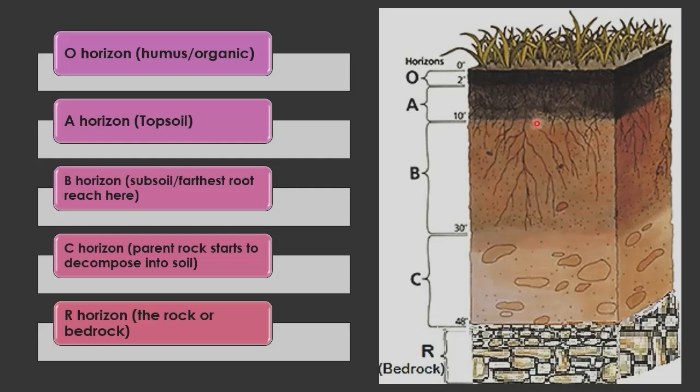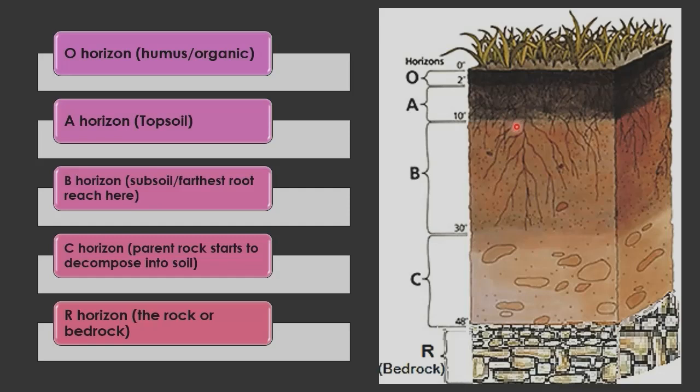You can find there the clay, the silt, and we also have the sand. So the different compositions of the three can be clearly seen in the E horizon because there is a lesser amount of organic matter.